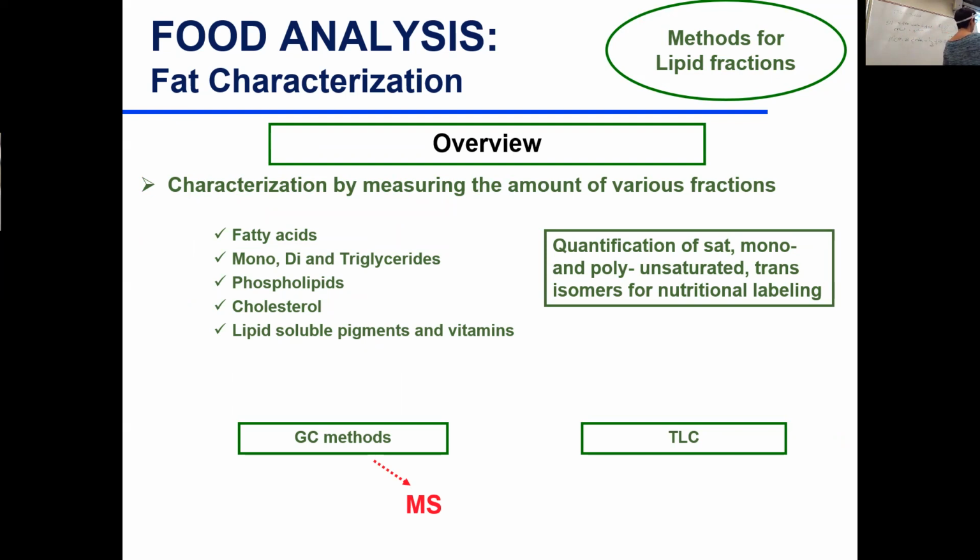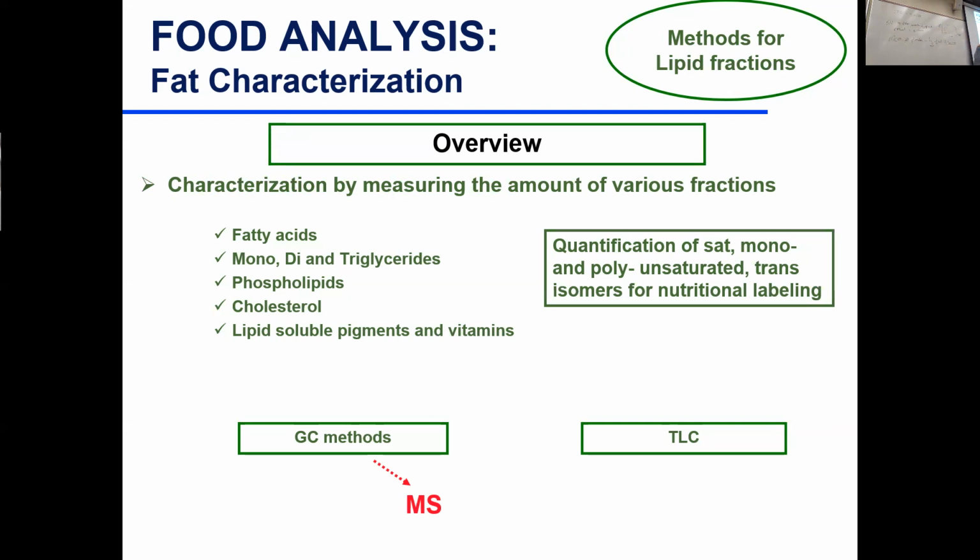So we need to determine the degree of saturated fatty acids versus polyunsaturated versus presence of trans fatty acids, presence of cholesterol, presence of phospholipids, and mono-, di-, and triglycerides, where mono- and diacylglycerols are used for emulsification purposes. And also looking at lipid-soluble pigments and vitamins. We'll have a chapter on vitamins and then also on measuring the lipid-soluble vitamins versus the water-soluble vitamins.